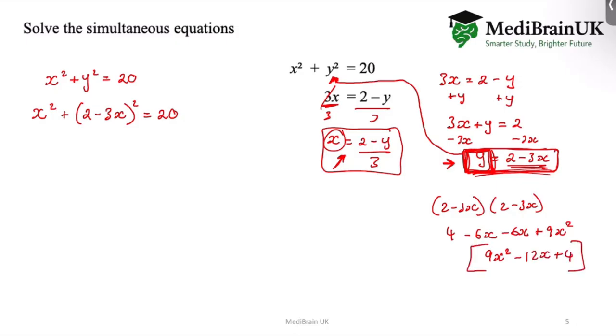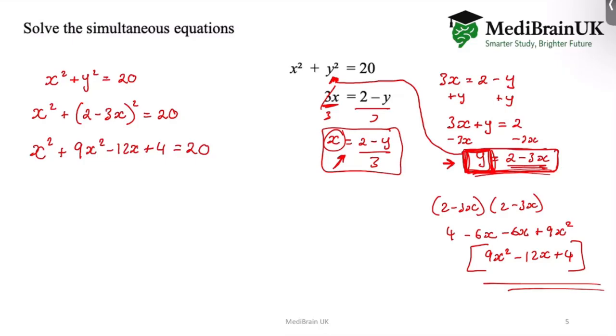We've just simplified that down and expanded the brackets. So let's bring it back up here. We have x squared plus the expanded version, 9x squared minus 12x plus 4, and that's equal to 20.